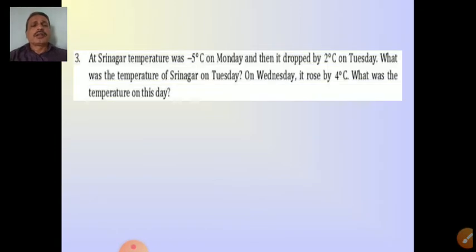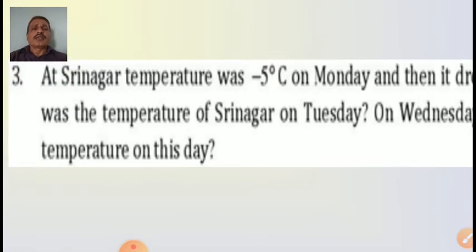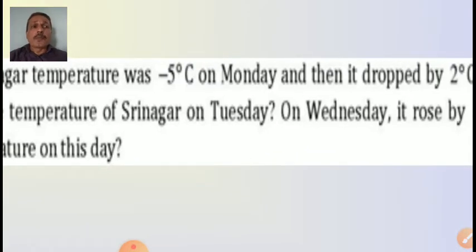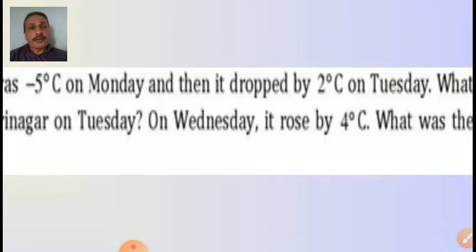Now look at the third question. Third question is here. At Srinagar, temperature was -5 degrees centigrade on Monday, and then it dropped by 2 degrees centigrade on Tuesday.